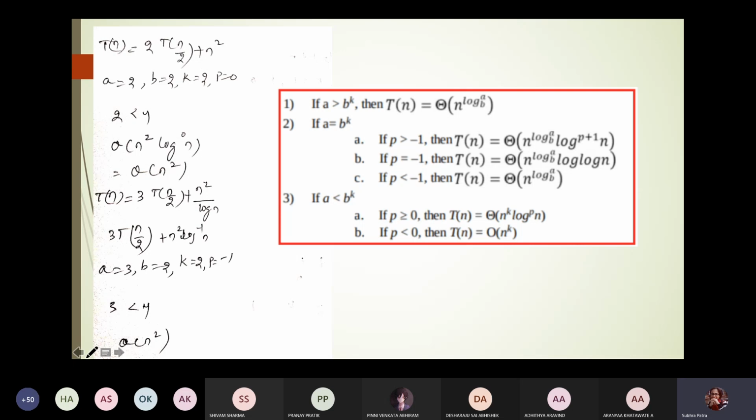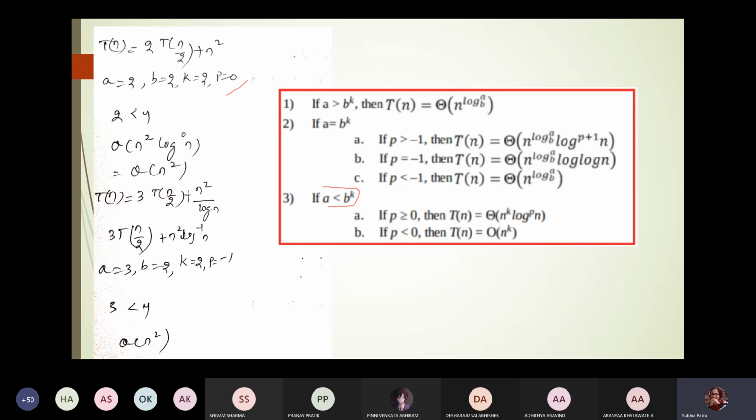Now the next case is, if you take T(n) equal to 2T(n/2) plus n squared. So A equal to 2, B equal to 2. Here K equal to 2, and there is no log term, P equal to 0. So we have found out this third case, A less than B to the power K, right?